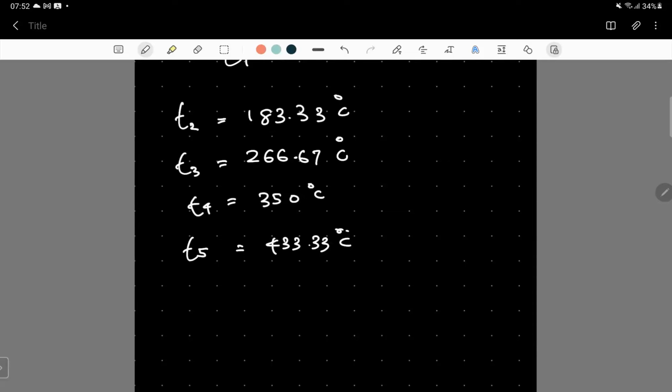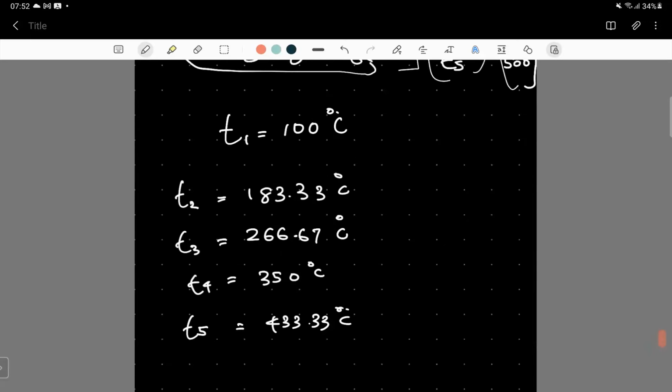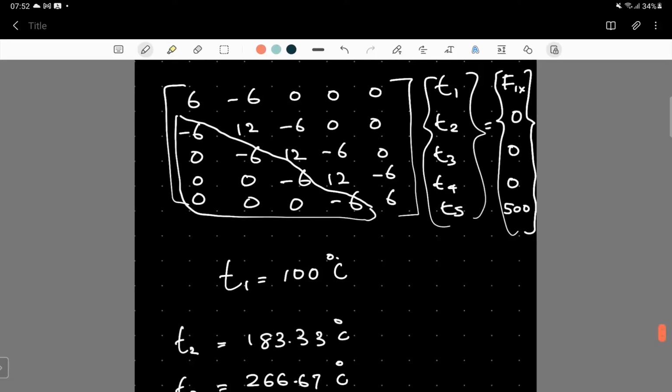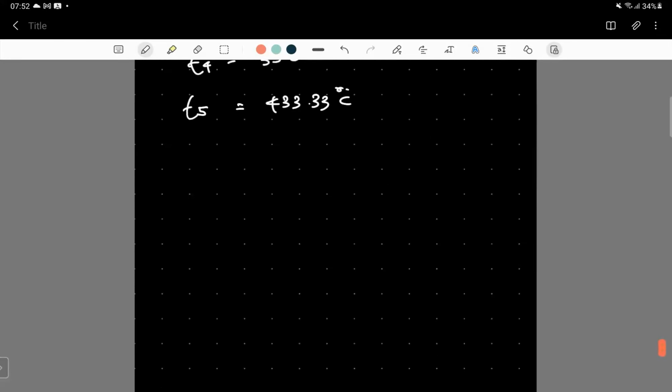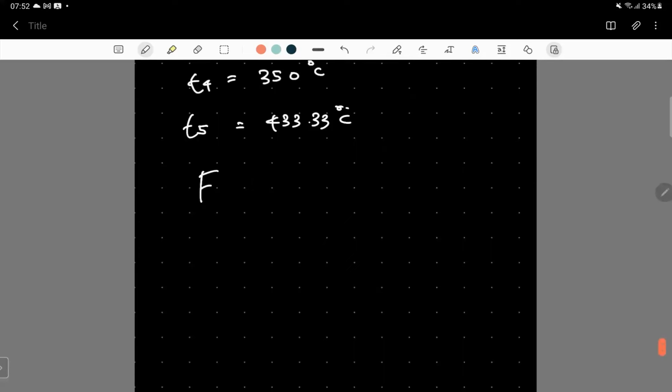So by substituting the nodal temperatures into the first equation, which results from solving the simultaneous set of equations generated by the matrix, we will be able to get the heat source at node 1, which corresponds to F1x.